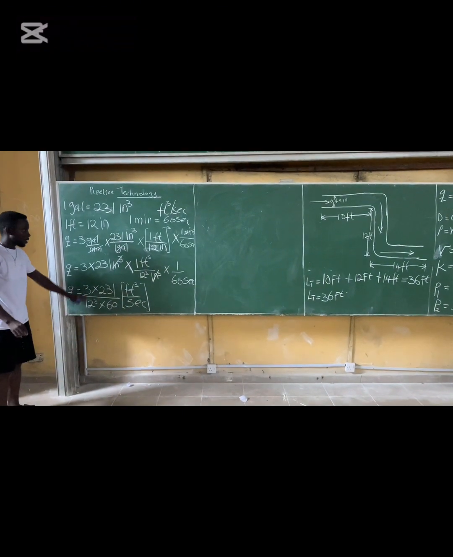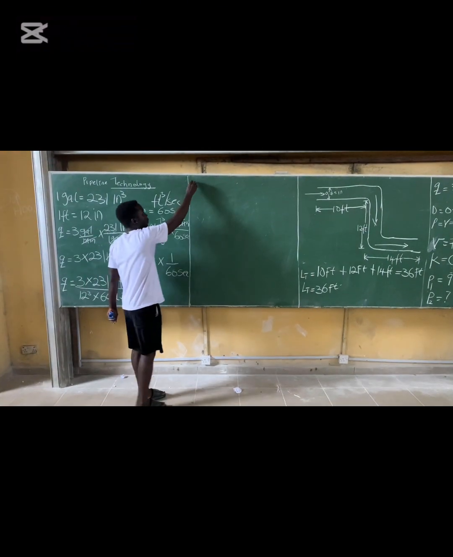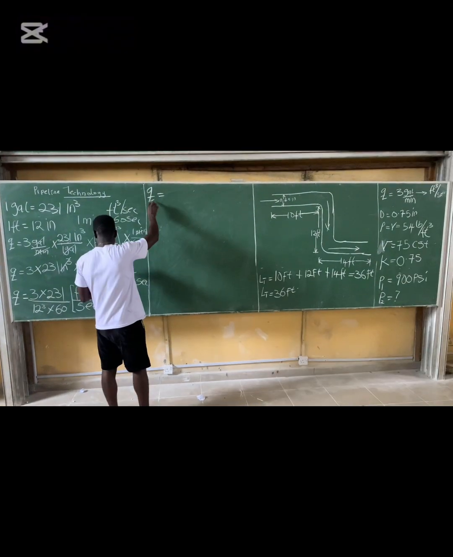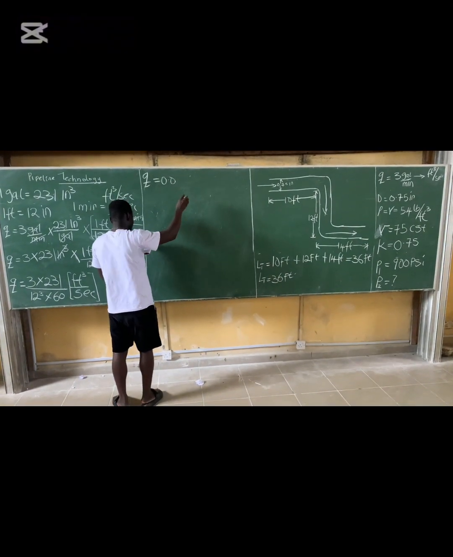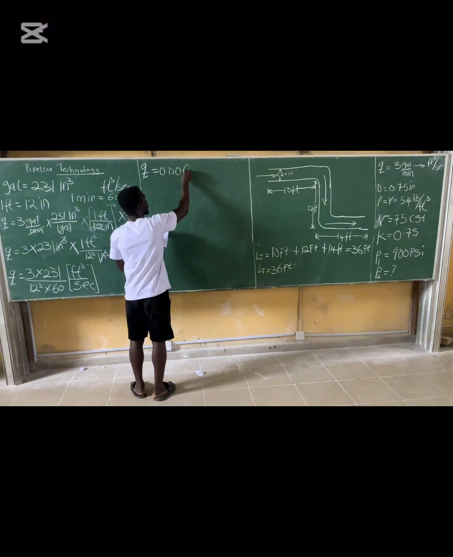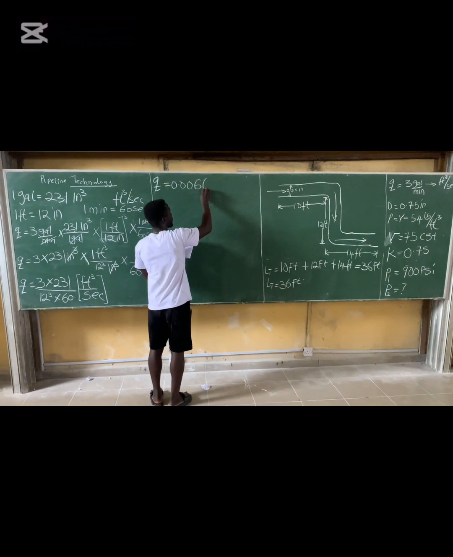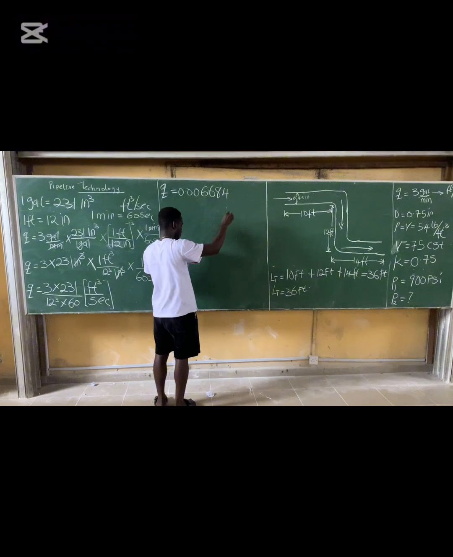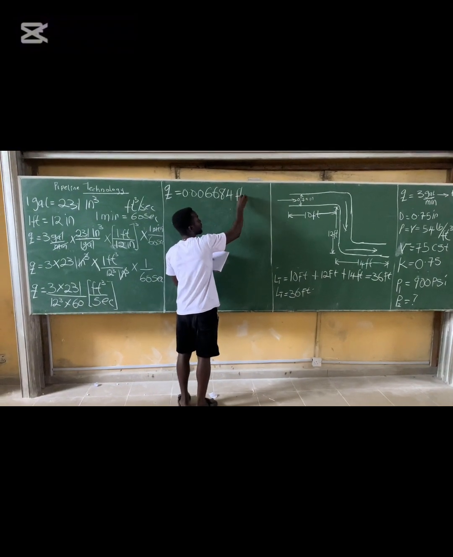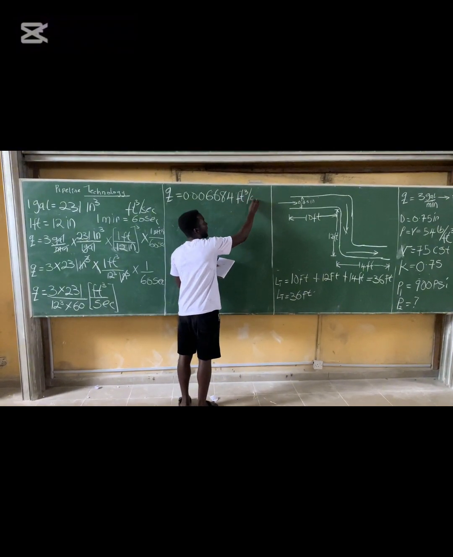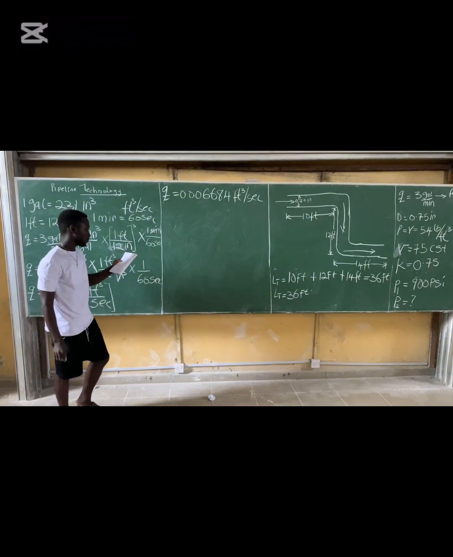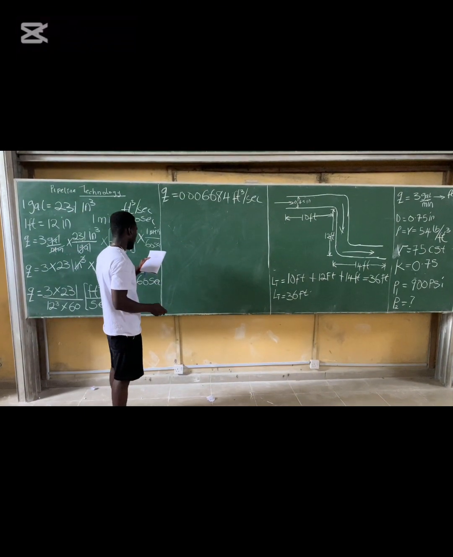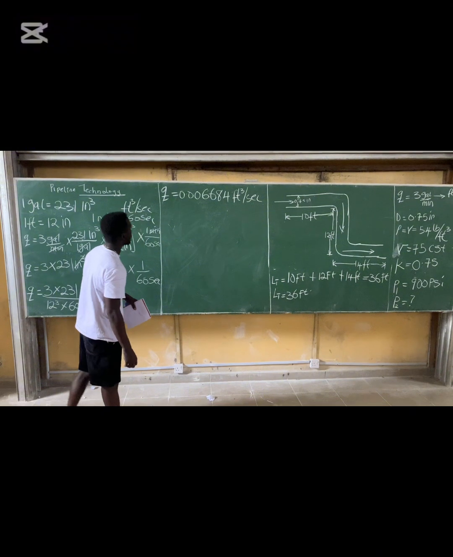Close the bracket here. Complete this, our flow rate Q will be equal to 0.00668 feet raised to the power of 3 per second. So this becomes our flow rate.